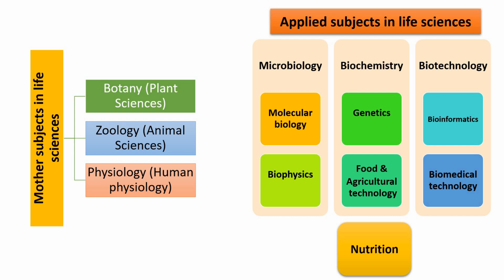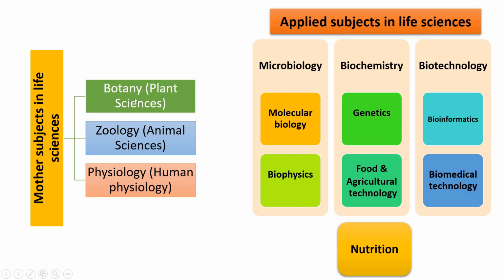Now, if you ask me, I can tell you that if you don't have any focused idea about your future, then it is better to opt for any of these three mother life science subjects. Why am I telling that?